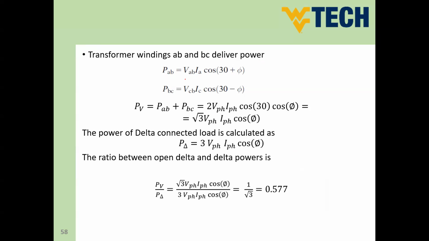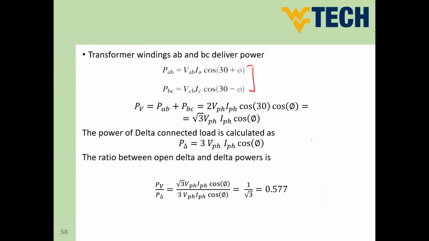We can consider these powers, guys, like the two-wattmeter method that we had discussed before. So VAB times IA times cosine of theta plus 30, and theta minus 30. This represents the power of the two phases.